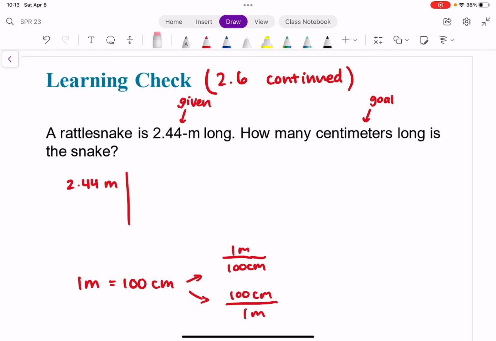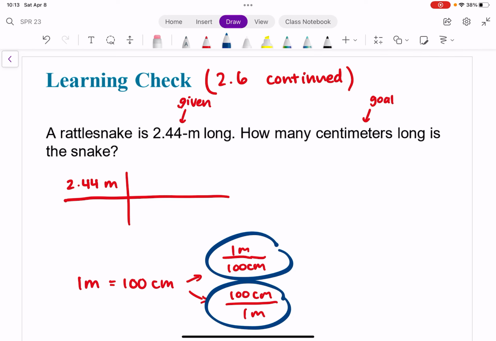I'm actually going to shorten my train tracks a little bit here. We also want to cancel out these meters here. We don't want to have meters. We want to get to centimeters. So which one of these conversion factors do I need to use? This one or this one? Yeah, we're going to need this one, because meters are on the bottom and centimeters are on the top in that one.